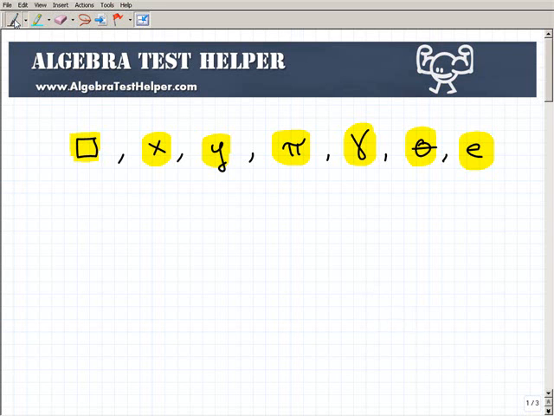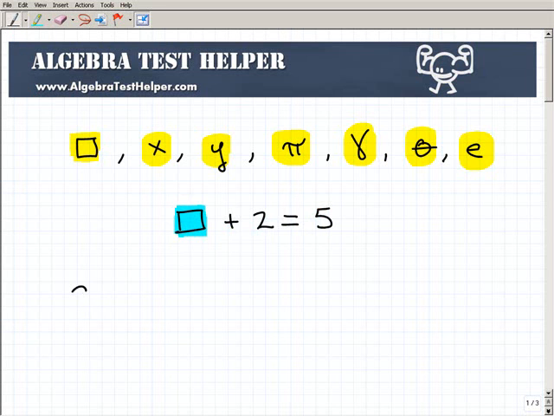And if you think about it, you've been dealing with variables way back when you were in probably first or second grade. If you remember problems like this, I certainly remember them. Let's say you have a box plus 2 equals 5. Your teacher would give you something like that, saying there's something here, something we're going to plug into this box, plus 2 equals 5.